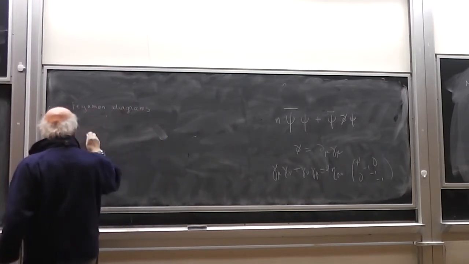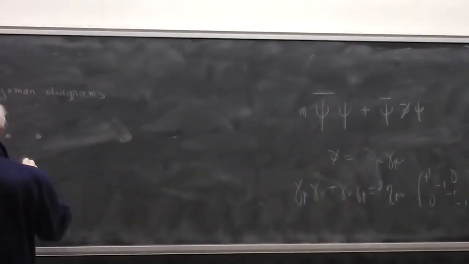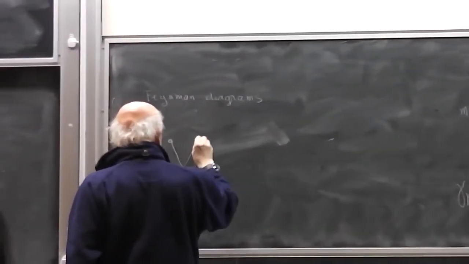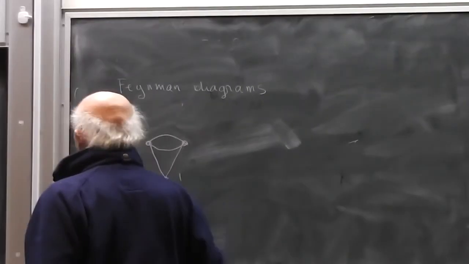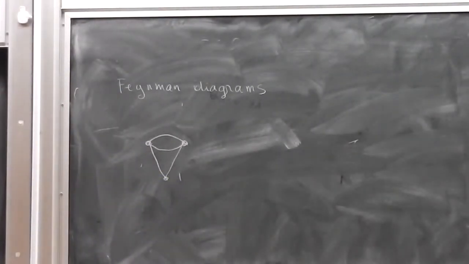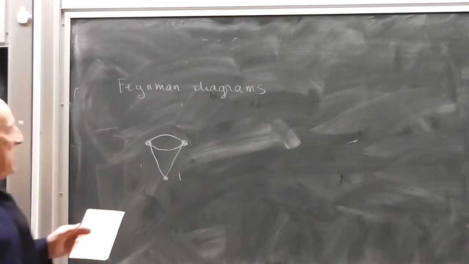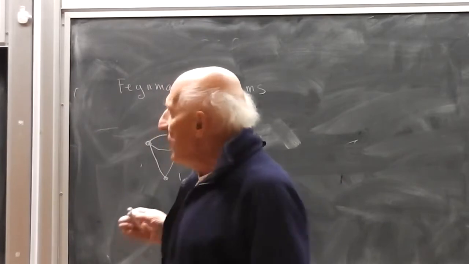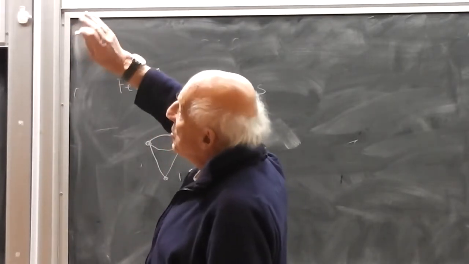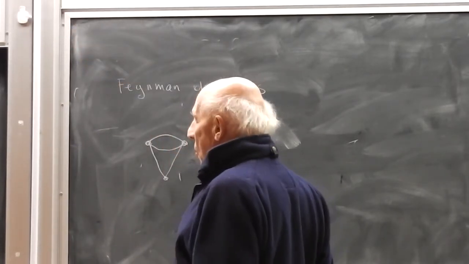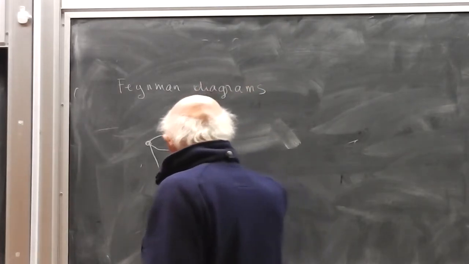For instance, take a simple example. A diagram of this kind. And suppose that your theory has only one field, a scalar field of spin 0 and a mass. Okay. So the point is that we have a Lagrangian, which is much more elementary than the realistic one.